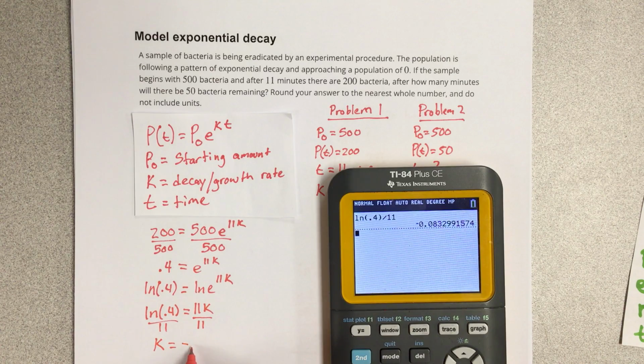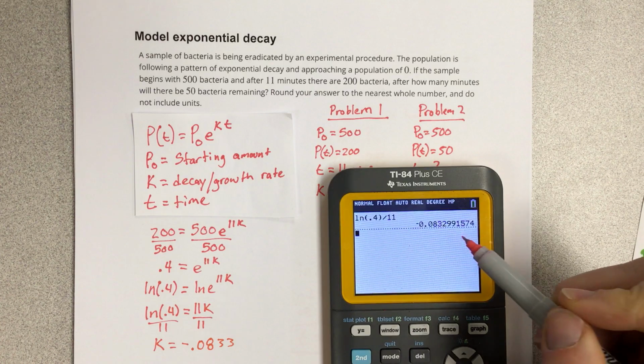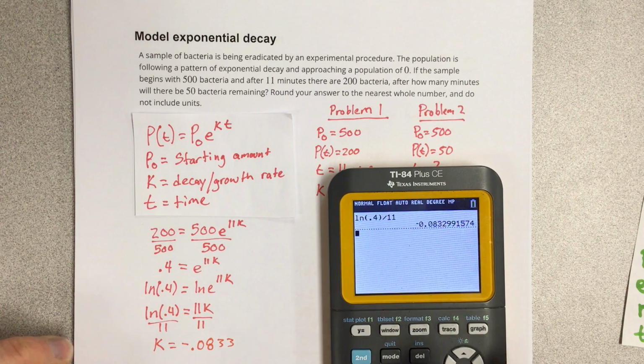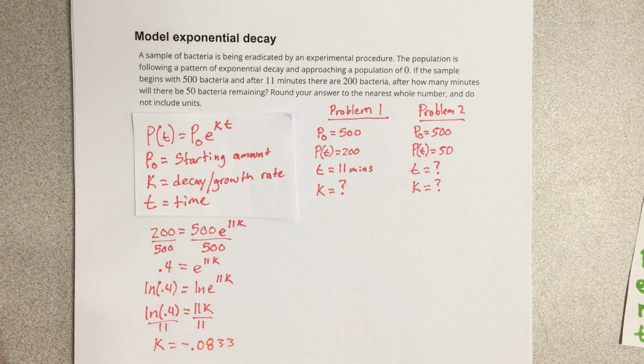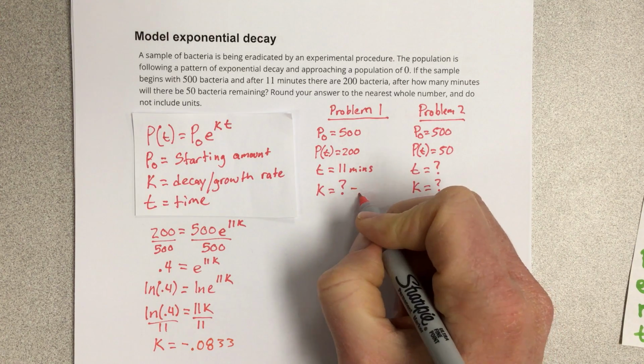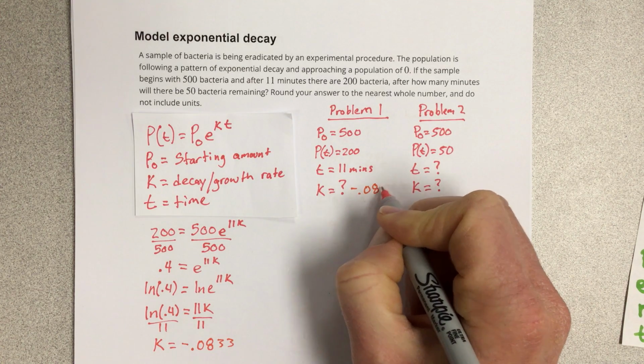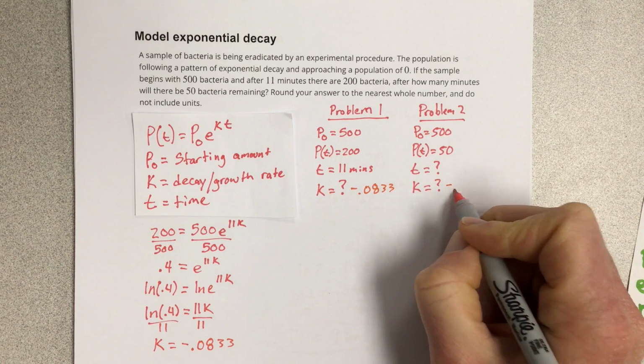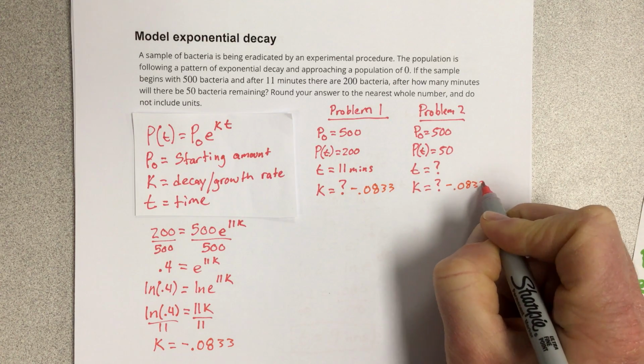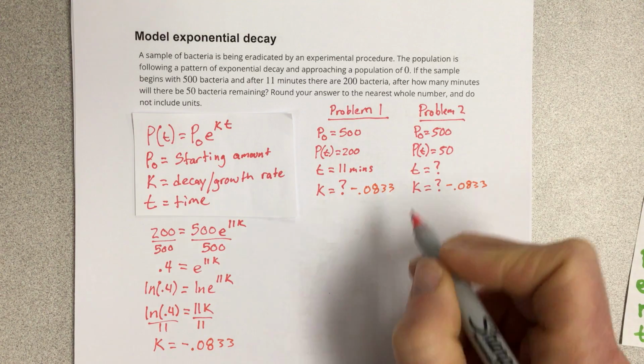I'm going to write out a rounded version, just to use for the algebra purposes, but I'll use the long number to figure out the rest of the problem. So let's write down the k value for each of these. That's negative 0.0833, negative 0.0833, and then let's solve problem 2.